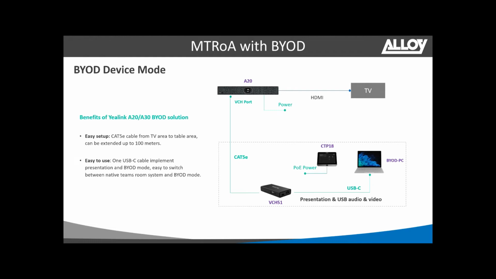So the USB-C connection will still stay there as well. That's going to give you the camera and the mic and the speakers, but you're going to need that HDMI cable to push the video content on your PC to the TV at the front of the room.